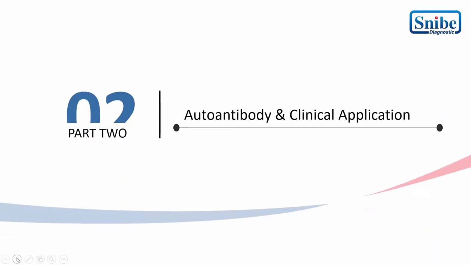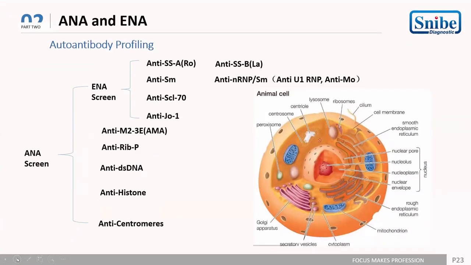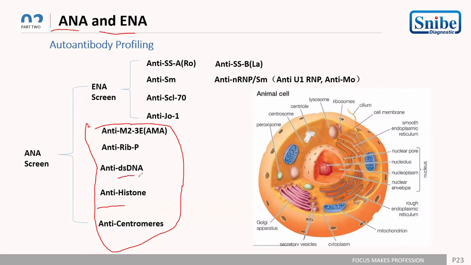If we talk about autoantibodies and clinical application, two very common names are used, ANA and ENA, which are autoantibody profiling systems. ANA screening tests include these parameters: anti-M2/3, EMA, anti-RIPSP, anti-double stranded DNA, anti-histone, anti-centromere.